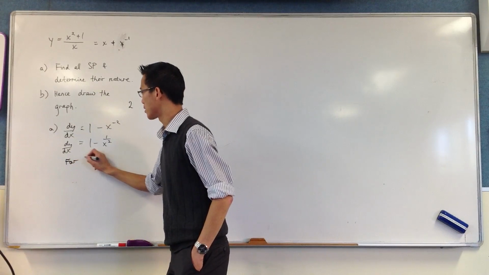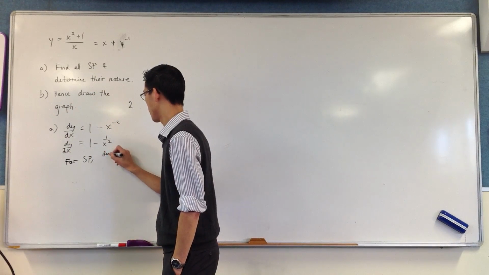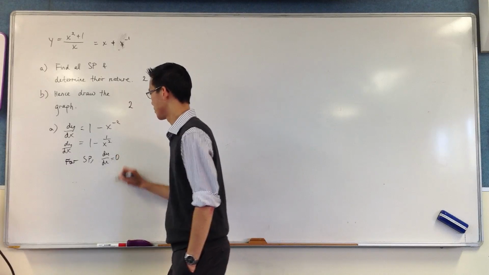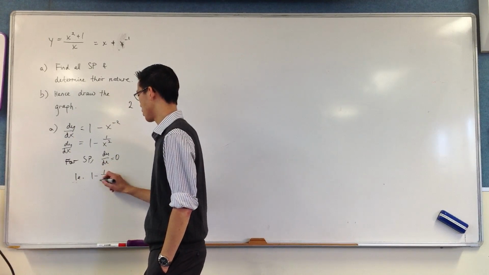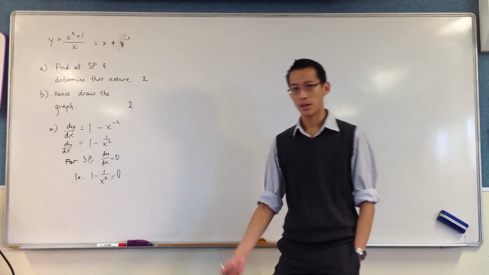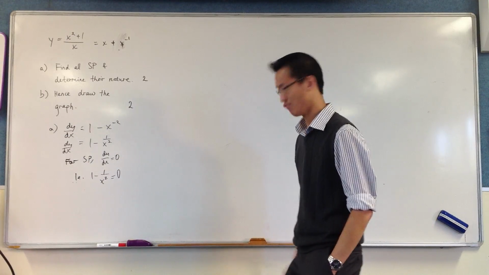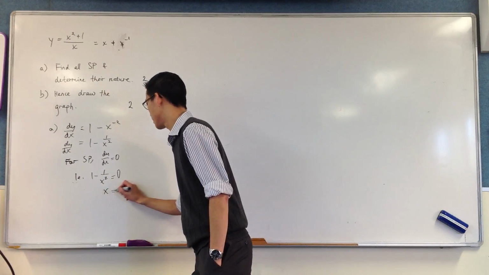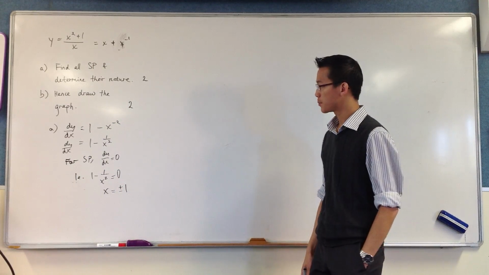For stationary points, the derivative is 0. And what that means is this expression which we just worked out is equal to 0. Can anyone tell me what the values are we're going to expect? Plus or minus 1. Good. Okay, so there are the x values.